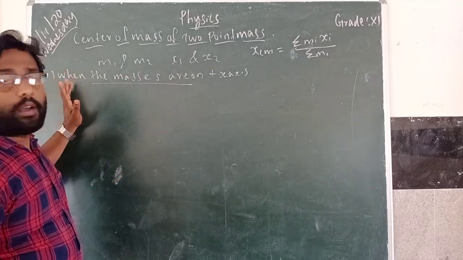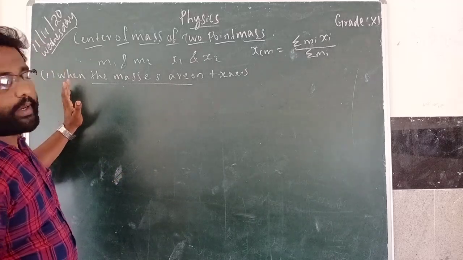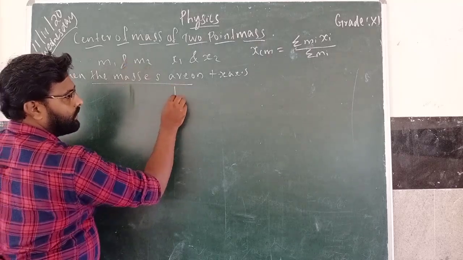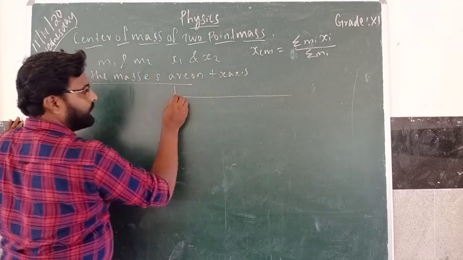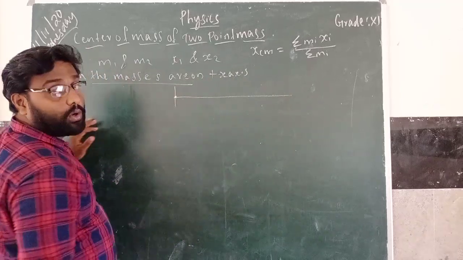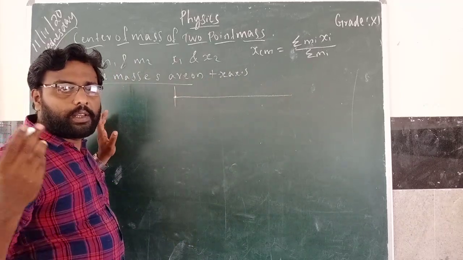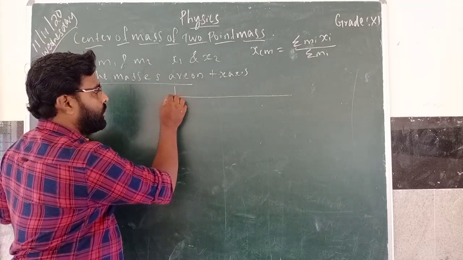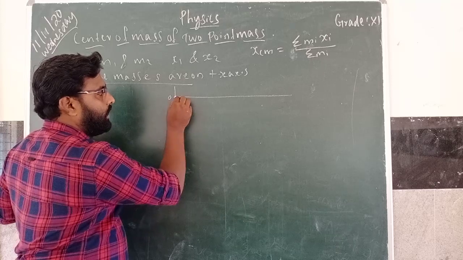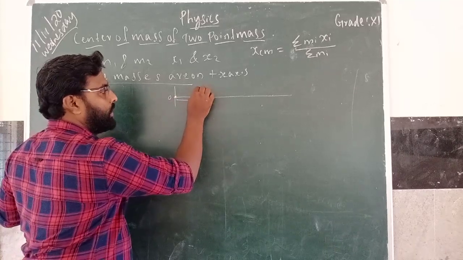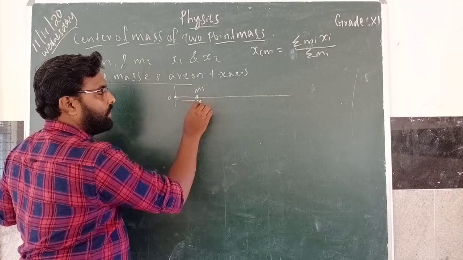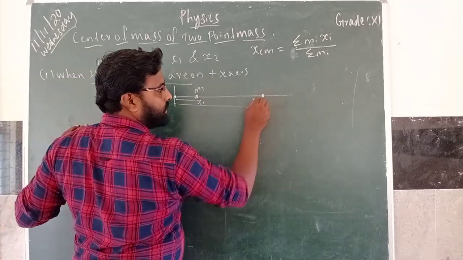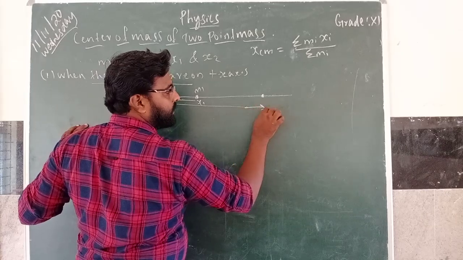Now when the masses are on the positive axis, this is the coordinate system we are taking. You can choose an origin arbitrarily, arbitrarily means just choose simply. Mass M1 is kept at a position x1. Mass M2 is kept at a position x2, and we are finding the center of mass.